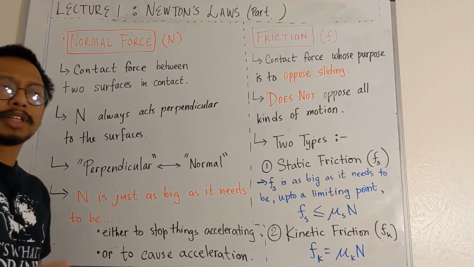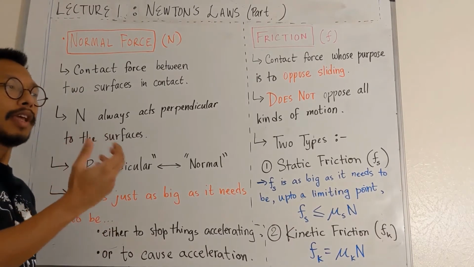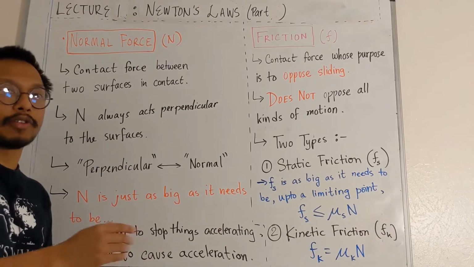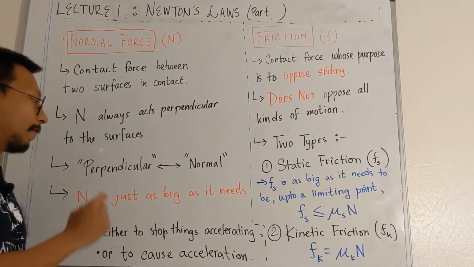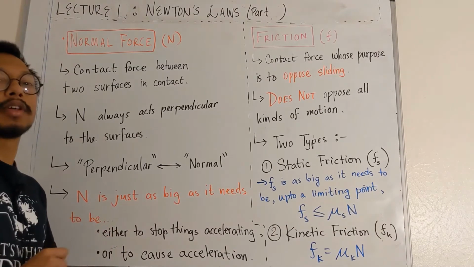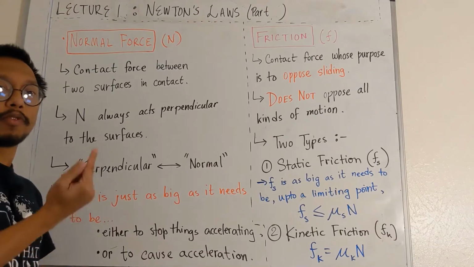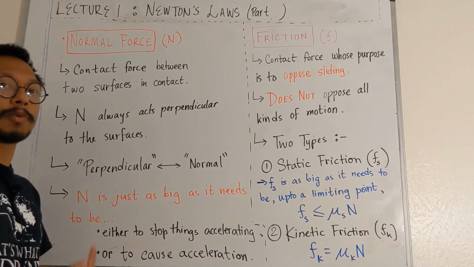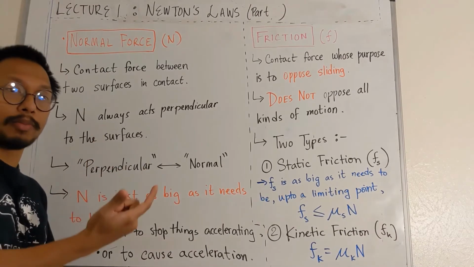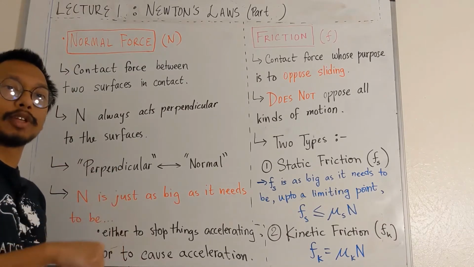For example, consider a book sitting on a desk and it is at rest. Why is it not falling through the desk and into the ground? Because of the normal force that exists between the desk and the book. The normal force is the opposing force, always perpendicular to the book, exerted by the table on the book, to keep it from accelerating through the table.